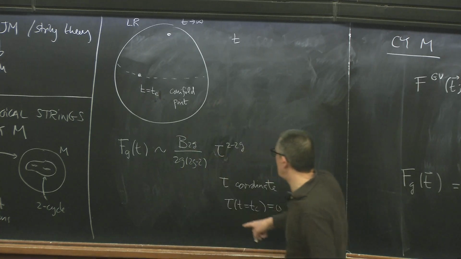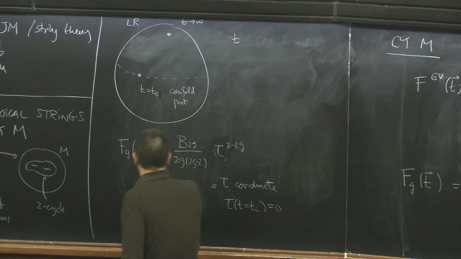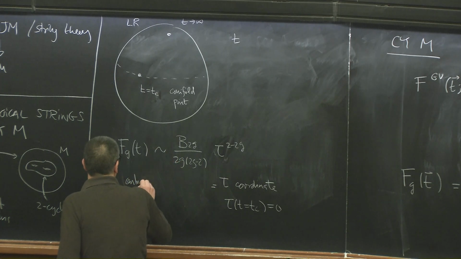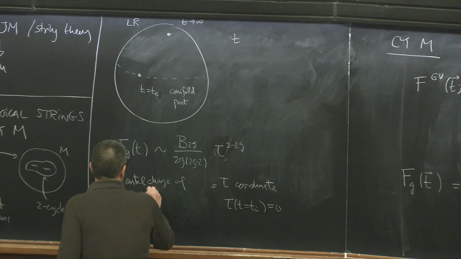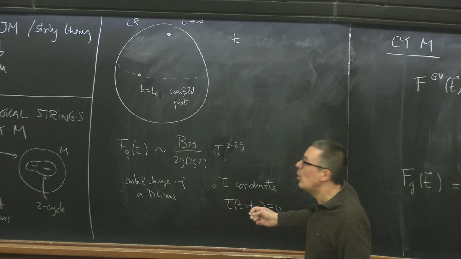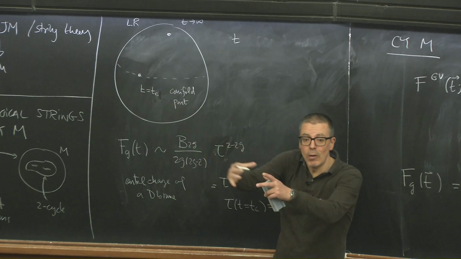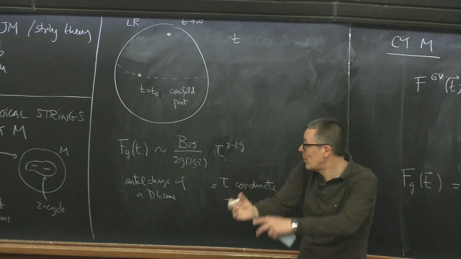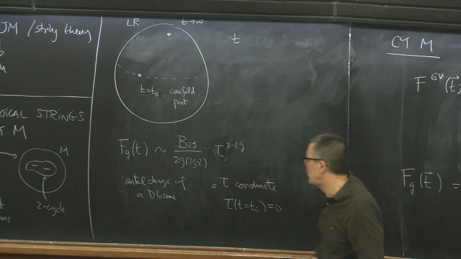It's a coordinate in moduli space which vanishes at this point, and actually tau is the central charge of a D-brane, it's a D-brane of a state that goes massless here. The fact that here everything is singular is related to the fact that there is a state going massless, and you can think about this as a D-brane really going massless at this point.